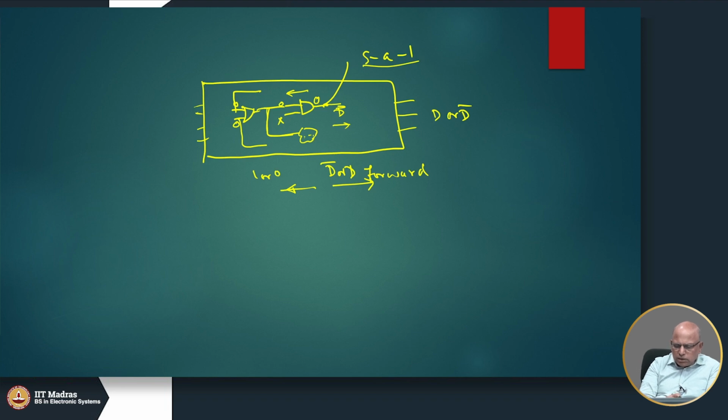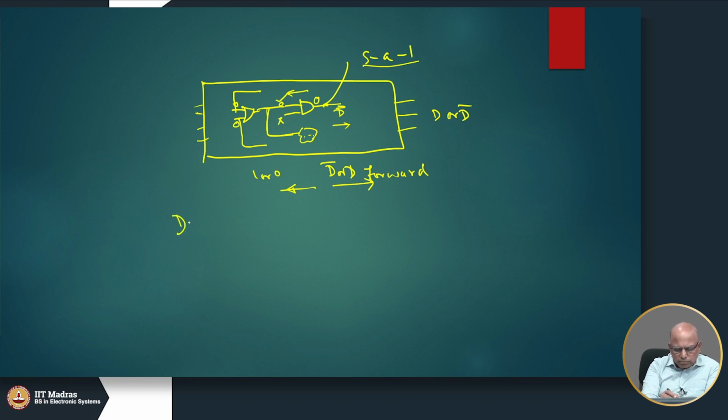The problem with the D algorithm is it sets all the intermediate lines to whatever it wants. See, it will assume that I can set this to 0 and it will try to justify, but it may not be possible to set it to 0. We may have to set the other line to 0. Okay.